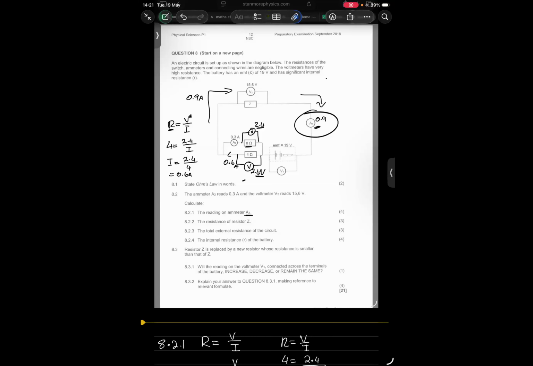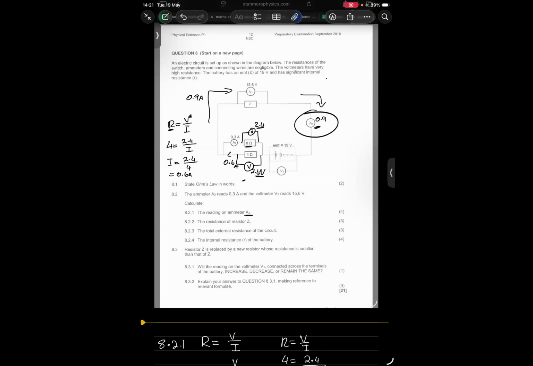Here is the total resistance. The total resistance.